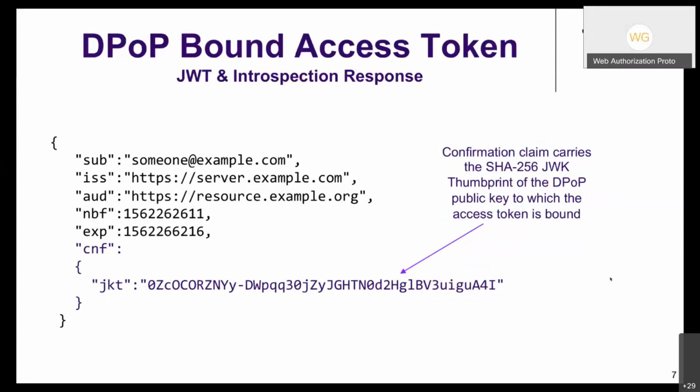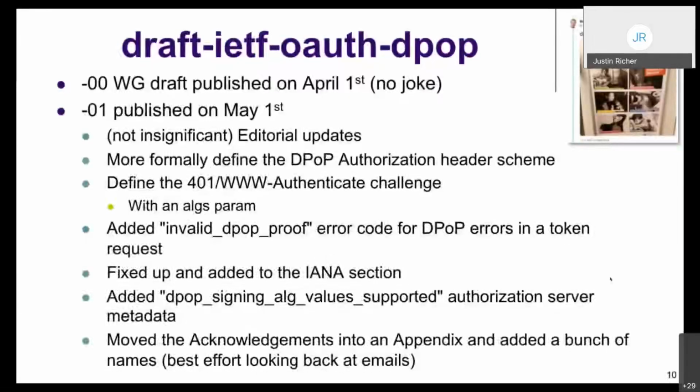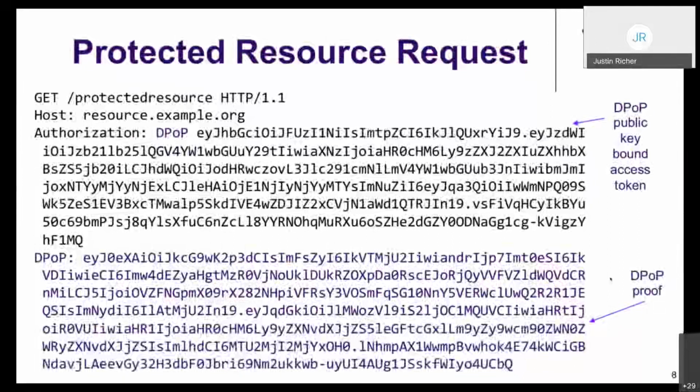Okay, so I see a few people in the line here, so let's give them a chance. Justin? Yeah, I wanted to chime in. I think you guys have mostly covered it, but Brian, if you could go to slide 8, please. Yeah, the one example. Thanks. We have implemented DPoP at OAuth, and the default mode is with an opaque string. It's a random blob token. There's no data in the token itself.